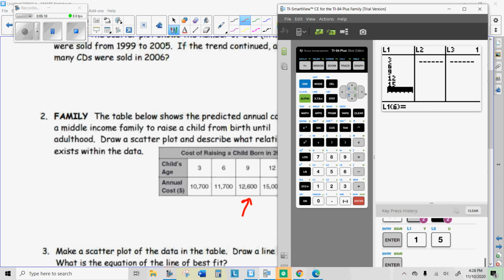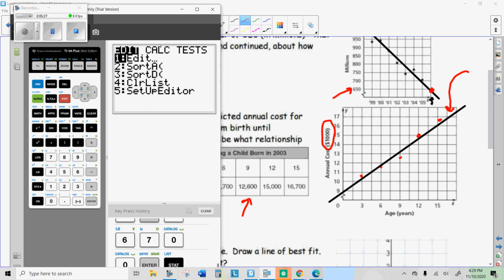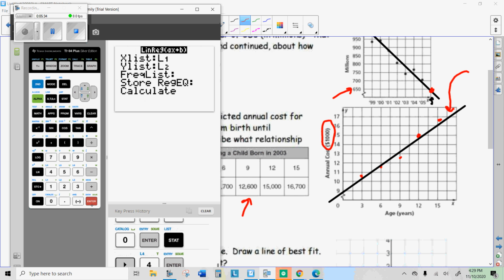And then the costs in L2, so 10,700. Now that I have all the data in, since these dots line up in pretty much a straight line, I'm going to run the linear regression, which is number 4 there. And go ahead and calculate that.